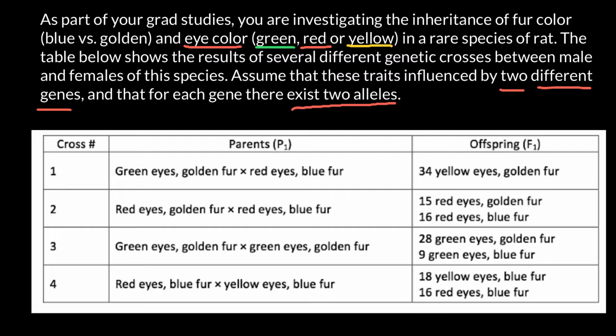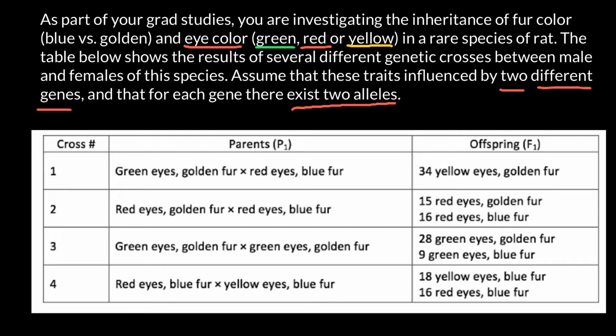Let's assume that each trait is independent of the other trait, and the genes that control each trait would be on different chromosomes and would segregate independently.